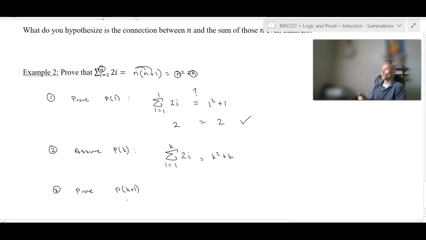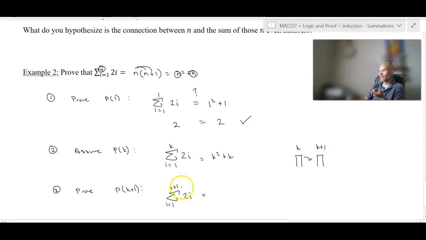In other words, assuming there's a domino that can be tipped over, the kth one, will it knock over the next one? Because if it does, and we know that P of 1 can be tipped over, that's going to tip over P of 2, which will tip over P of 3, and so on. Okay, so we need to prove that the sum from i equals 1, the first positive even integer, to the k plus 1th even integer, and the even integer is of the form 2i, should be what?